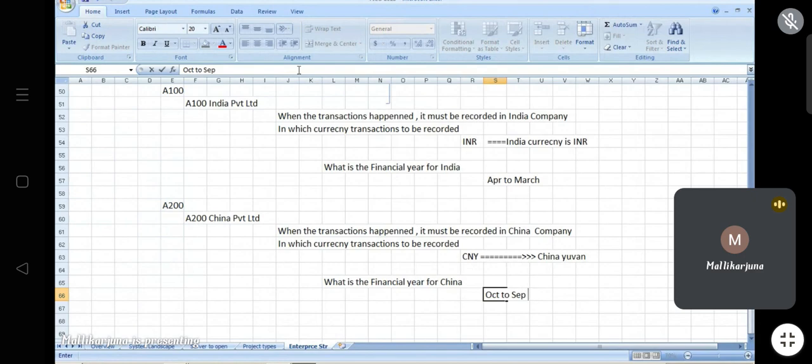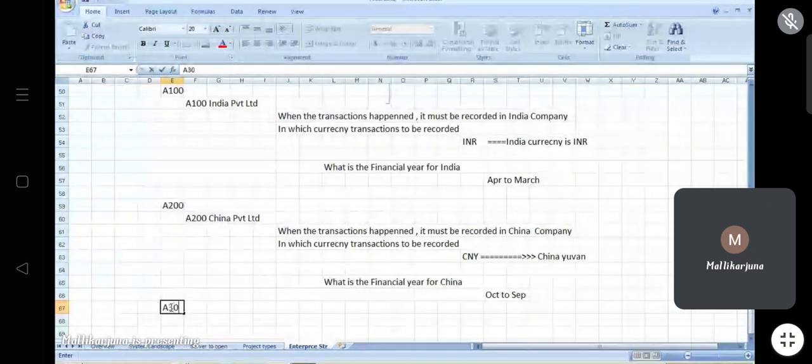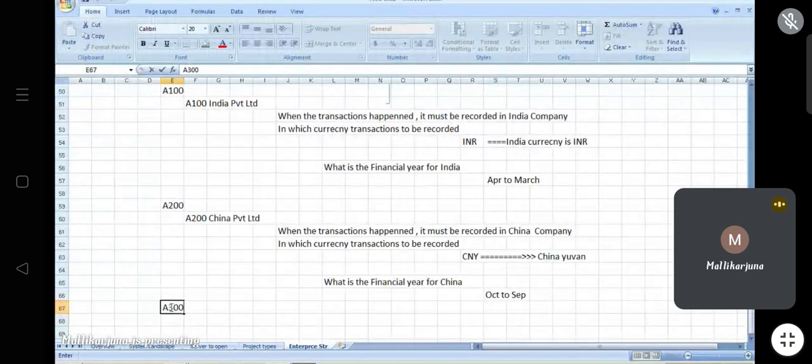Similarly for the US company code, this is A300, US Private Limited. It follows its own financial year and currency.